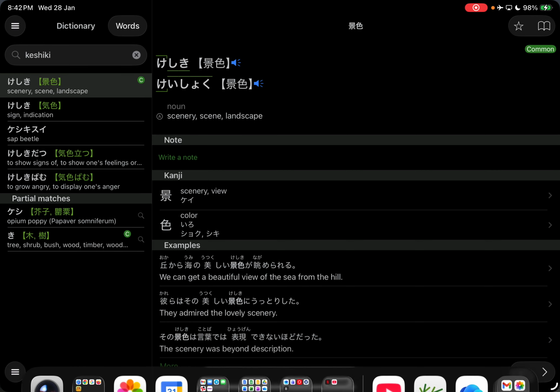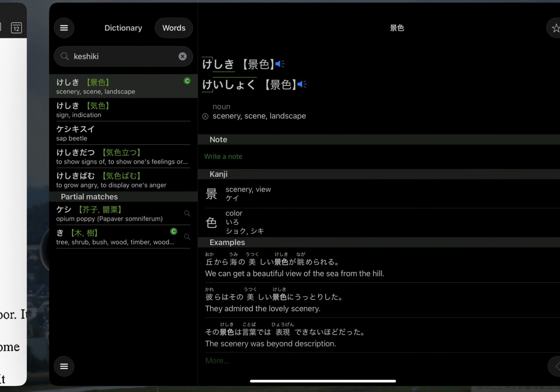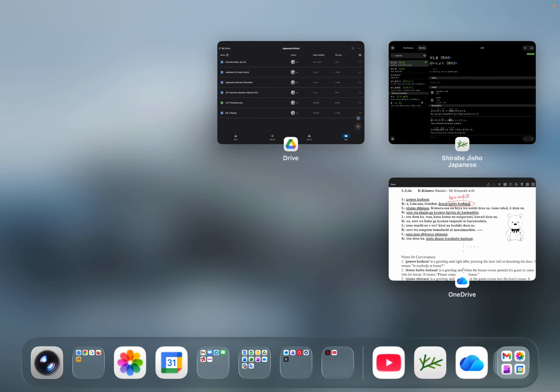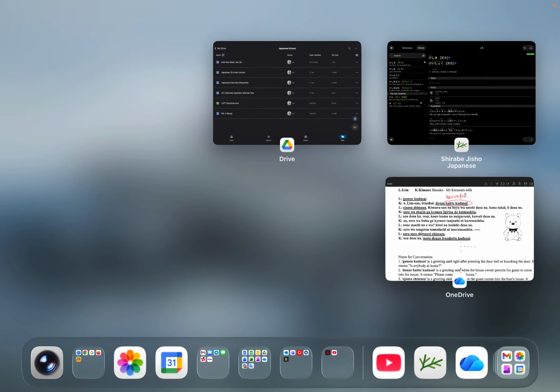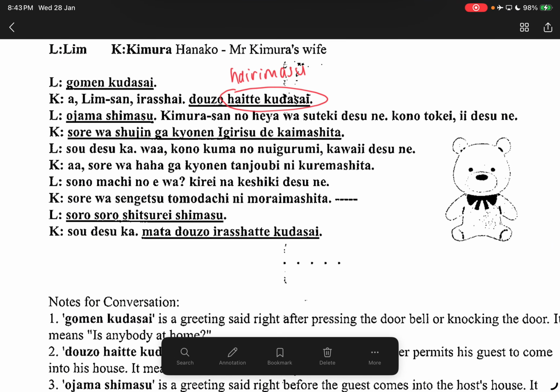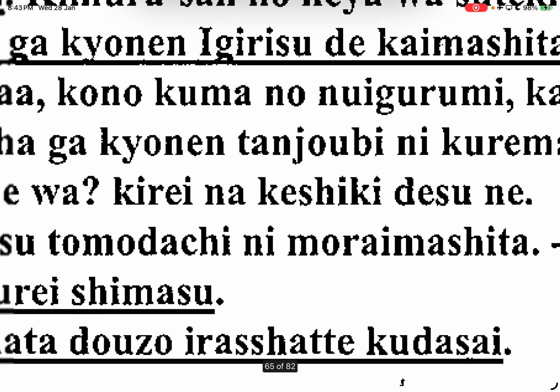View lah. Right? So note how it is not keishiki. It is not kei, it's ke. So not keishiki. There's no kei, it's ke. So keshiki. Even the word here, there's no I after ke.